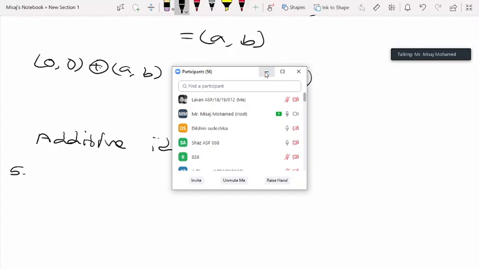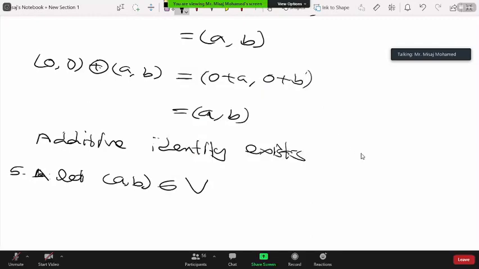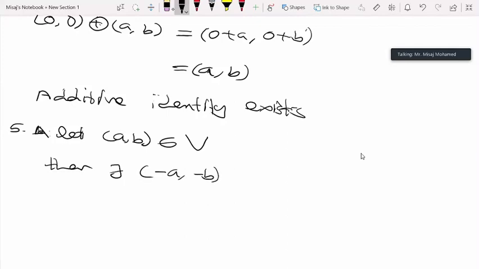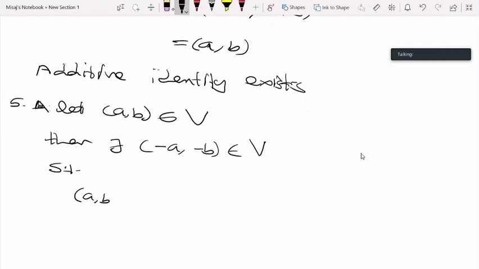What will be the next property? Additive inverse. Let (a, b) in V be any element. Then there exists (minus a, minus b) in V such that (a, b) plus (minus a, minus b).